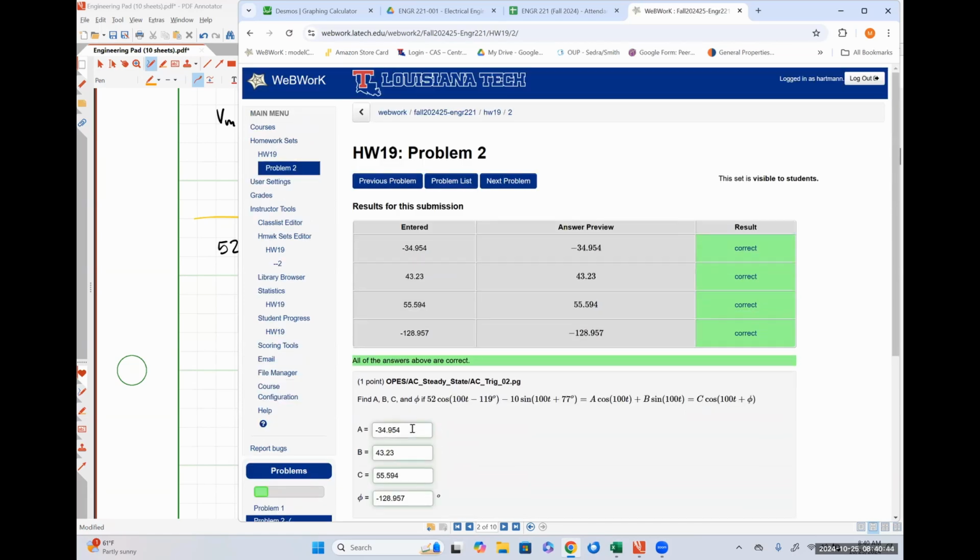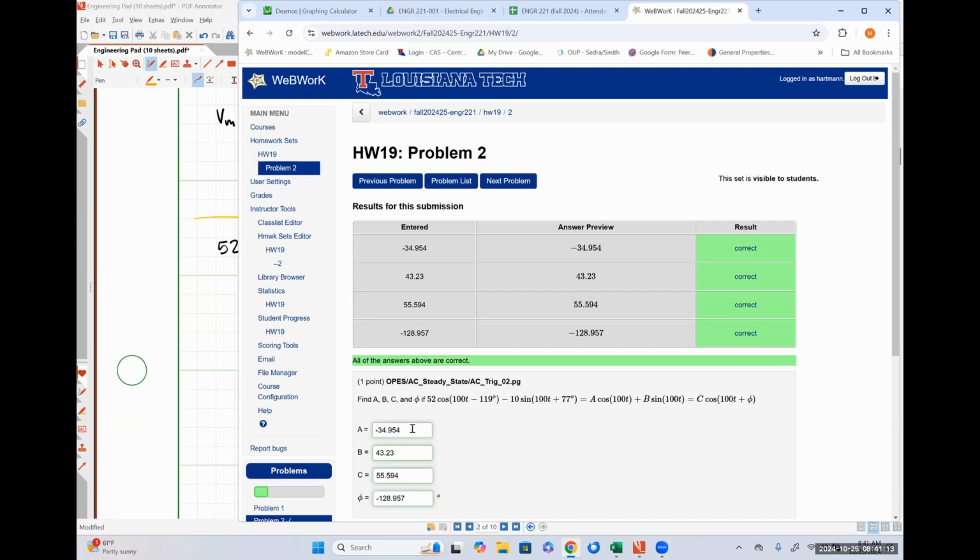There we go. So complex numbers means we can do this stuff in seconds, and it would take us several minutes to do it using trig identities. Complex numbers are an incredibly powerful tool when we're manipulating sinusoidal signals, which is all we're going to be doing for the rest of this class.